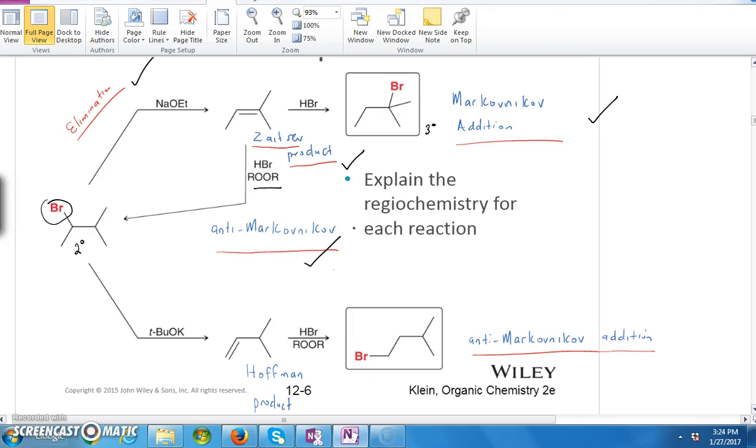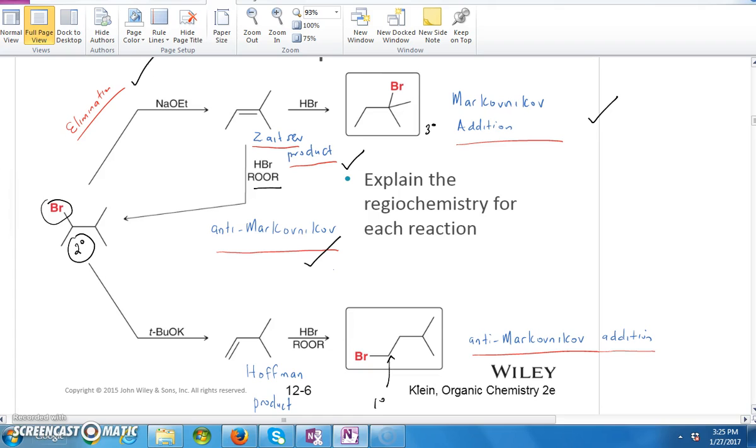Now you can see again, if you look at this example here, the bromine has shifted. It went from a secondary to a primary alkyl bromide.